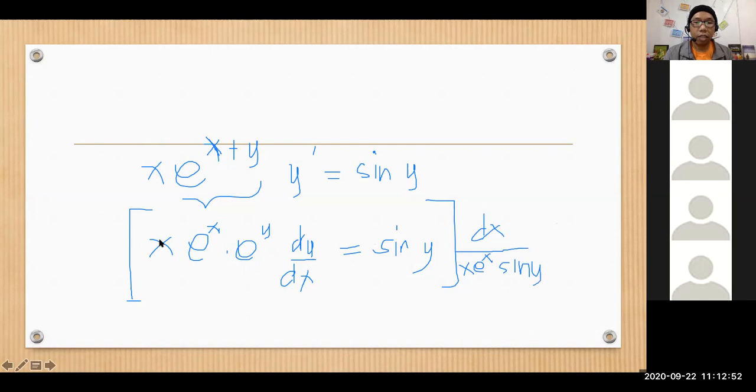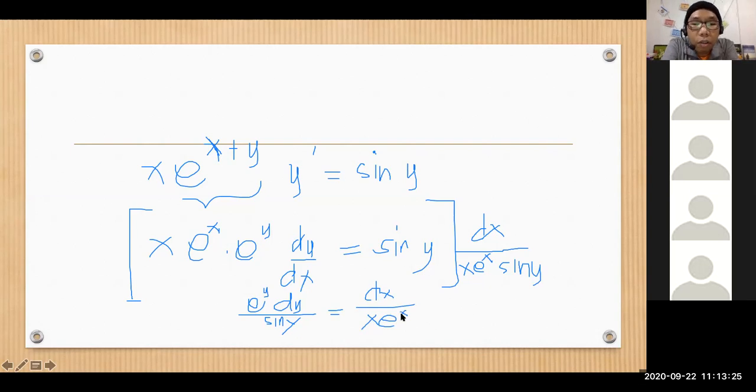Ayan na guys. So dito, dividing both sides and multiplying by dx, tanggal na to. So magiging e raised to y dy over sine of y equals dx over x e raised to x.